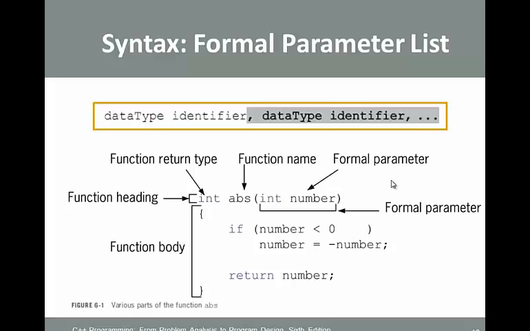The function return type, which in this case is really just a function type. We have the function name, and then a formal parameter list, or a formal parameter in this case, because it's just the one single. What makes it formal? If you see within the parentheses the data type of the identifier, it is formal.